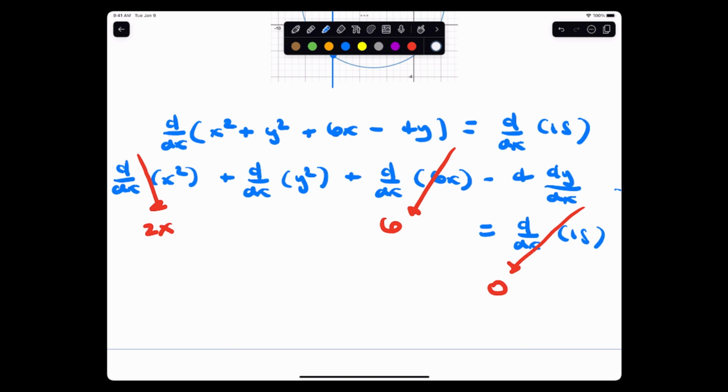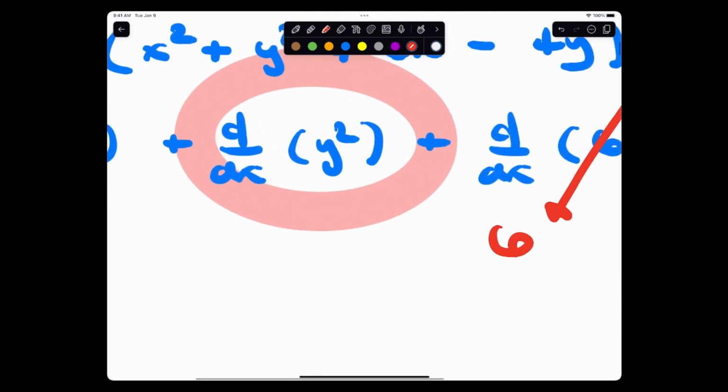Well, this is good. That's really what I'm looking for, because dy dx is the derivative. That's y prime. We're looking for that. What you're going to have to consider is right here. You're going to have to use, what did we use yesterday? Do you guys remember? Chain rule.